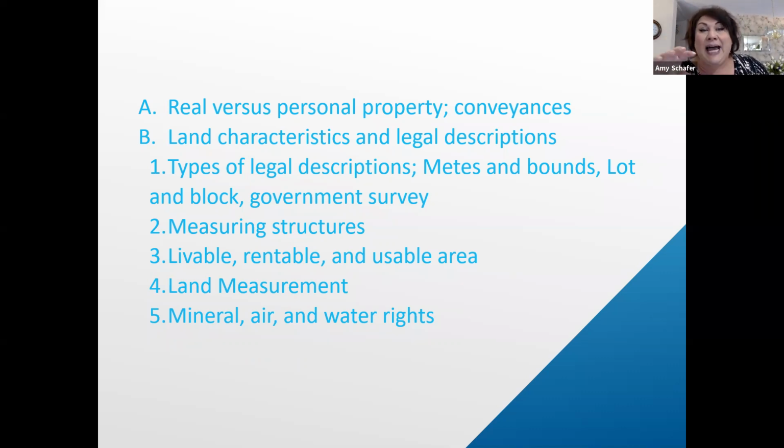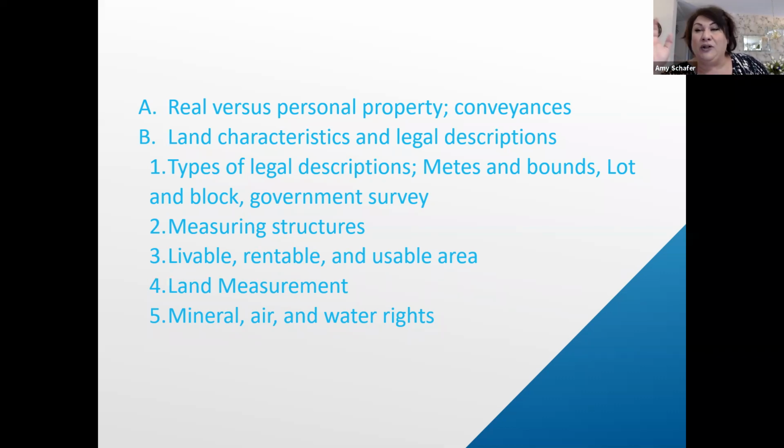So it fits inside of these government surveys, but is a recorded plat map that shows the exact dimensions, the curves, the setbacks, the sidewalks, utility easements, all of that are already recorded on the plat map. My guess is on the exam, you're most likely to have a test question around metes and bounds.